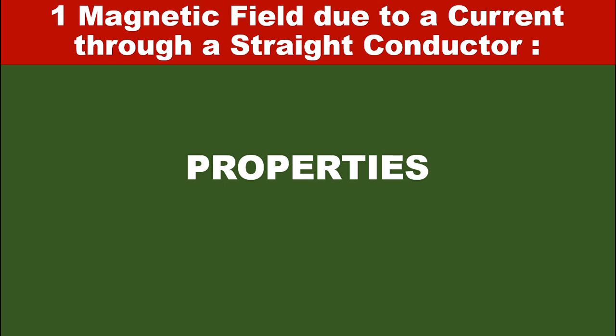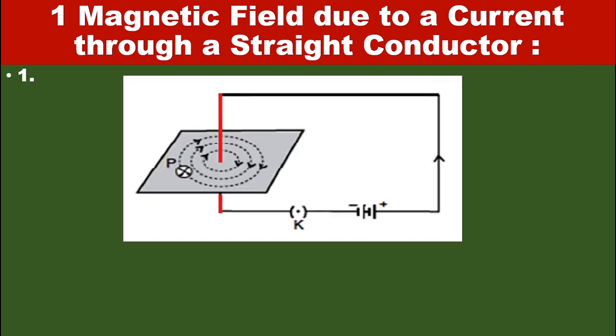Now let us discuss the properties of the magnetic field due to a current through a straight conductor. Let us discuss one by one. First property. Here you see this is a straight conductor.